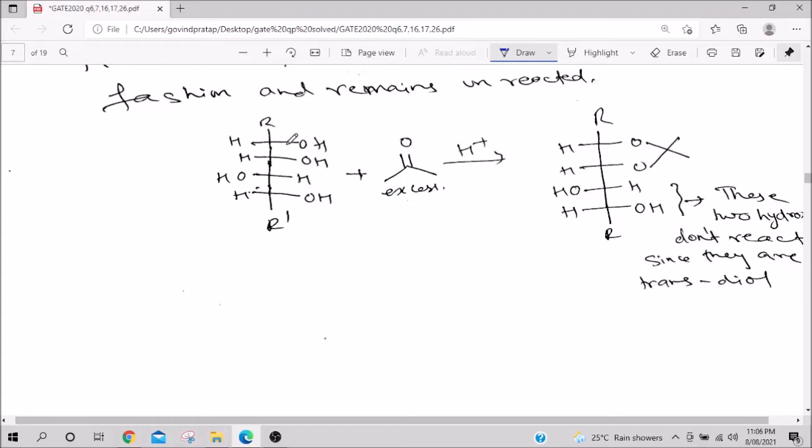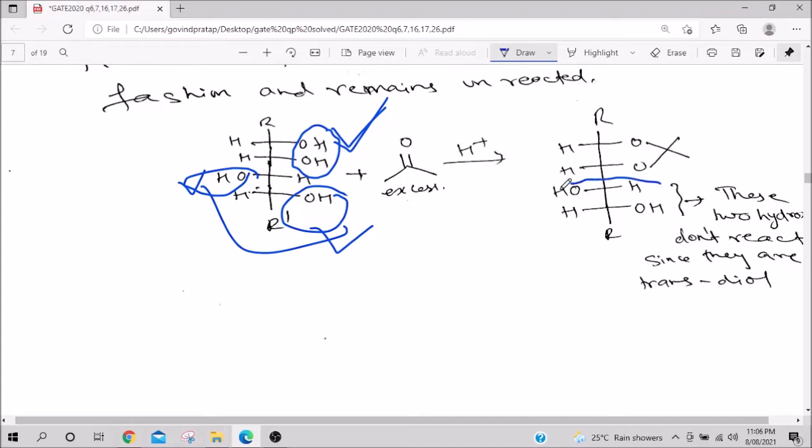Now these two OH are on the same side, they are cis, so only these two OH will react. Whereas this OH is on the left side and this one was on the right side, so one will be towards the viewer and one away from the viewer. These two will not react, and you can see that the acetal or ketal formation happens only on these two.